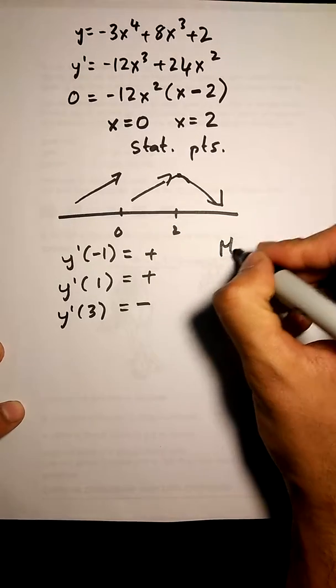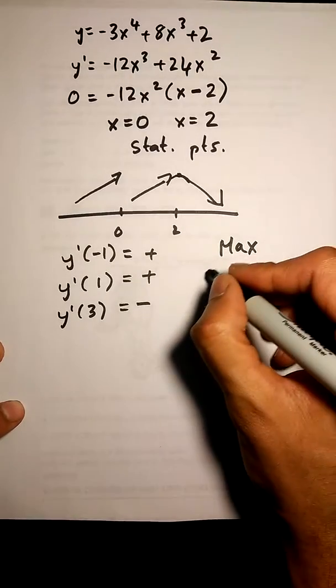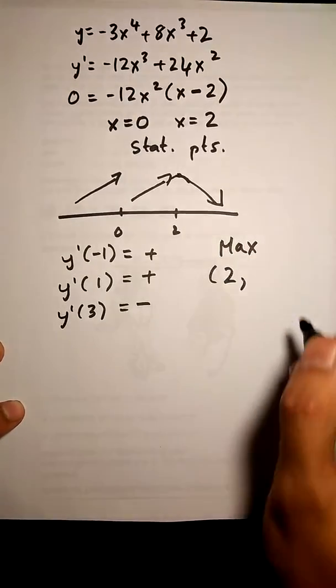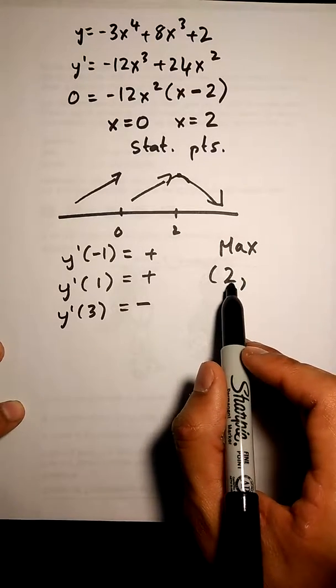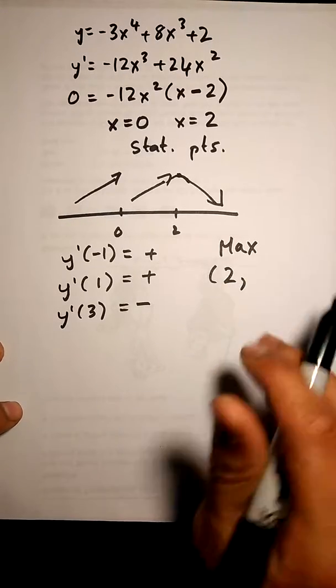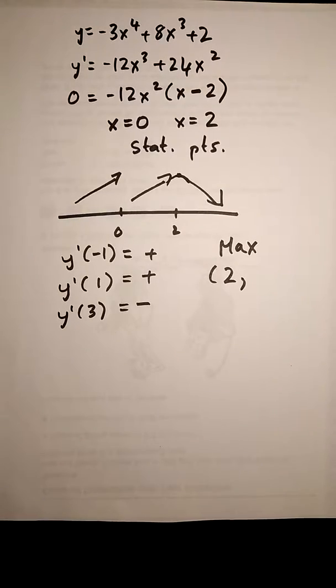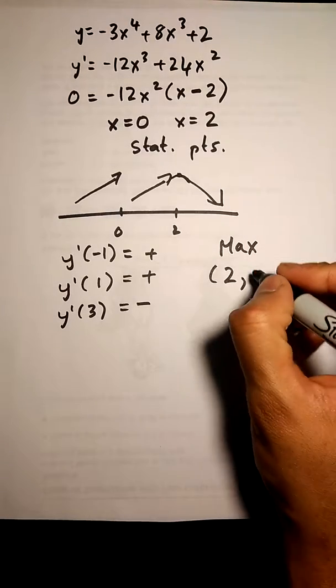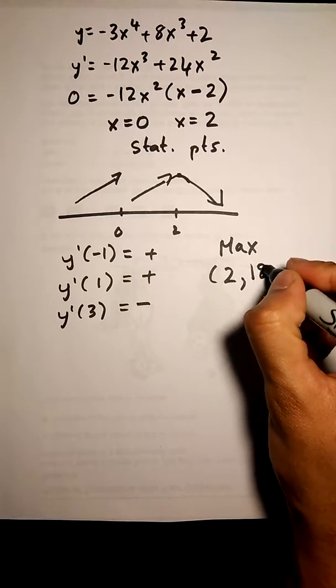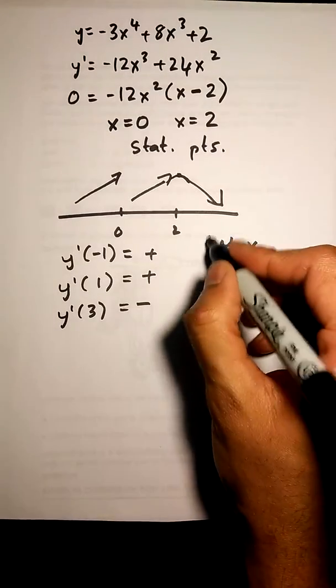So we can write max, the x value is 2. We're going to sub this into our original equation to find our maximum point. And we get 18. Okay, so we know our maximum.